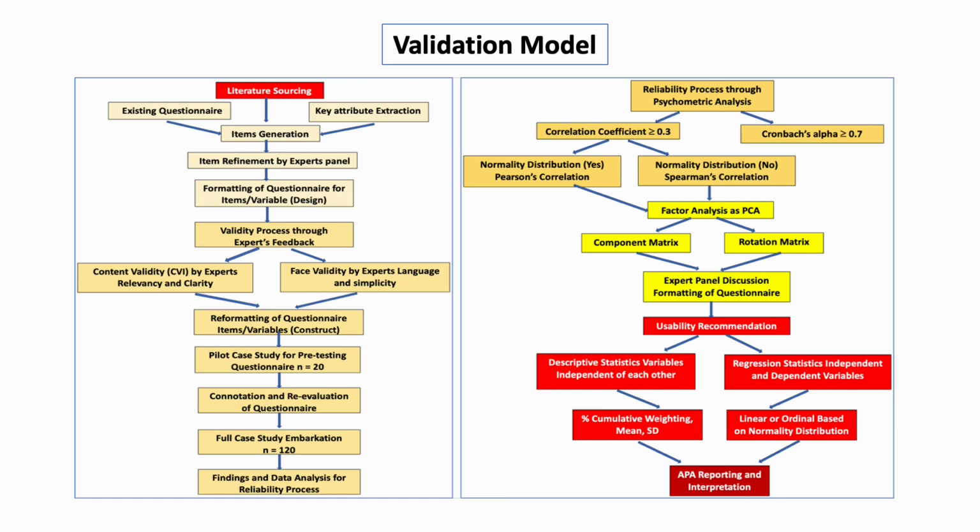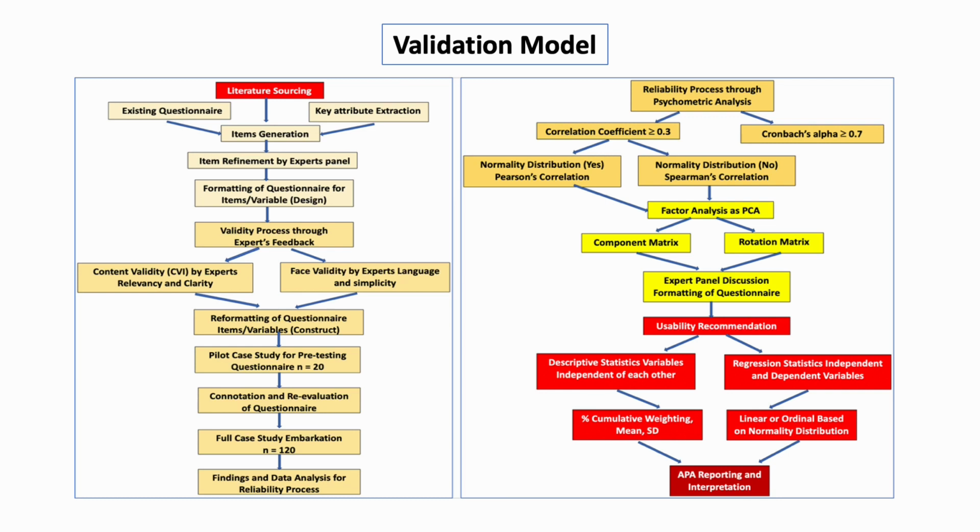After this is the usability, and this usability recommendation can be the descriptive statistics or the regression statistics. In descriptive, we take the mean and standard deviation, and in a regression study, it depends, but mostly we rely on the mean and standard deviation.